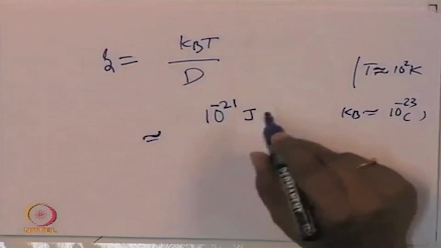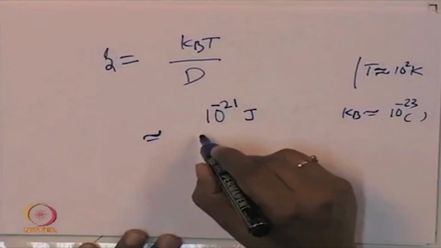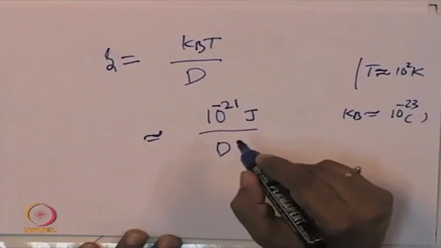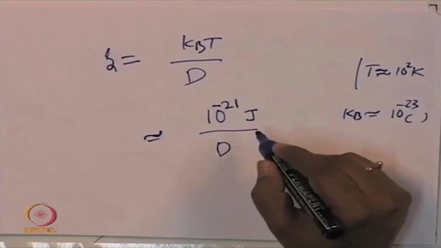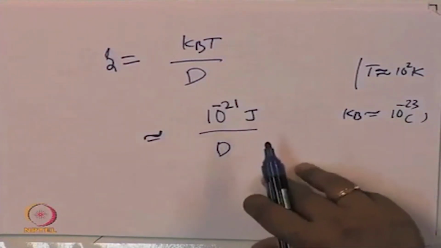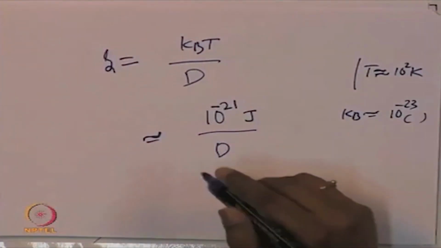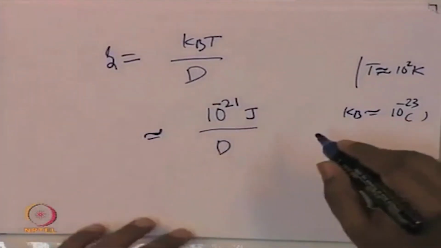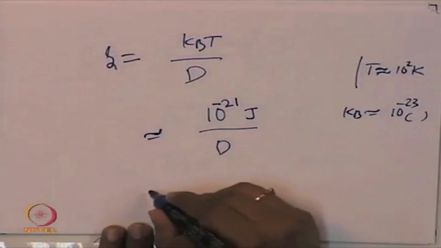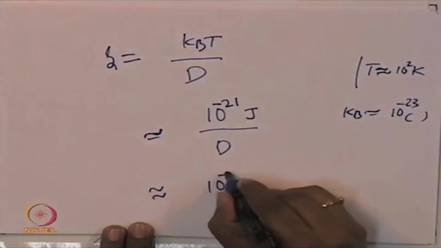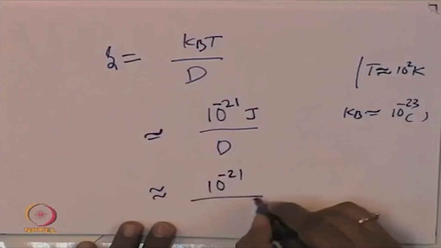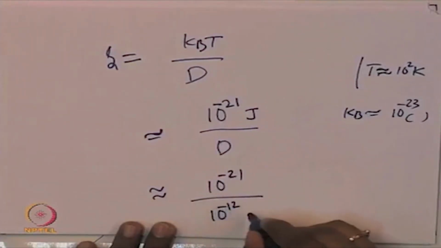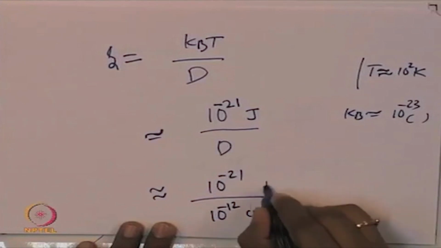So, this is 10^-21 joule divided by D, and D we said is basically in units of centimeter square per second. We can write it in terms of even base pair square second. So, this is approximately 10^-21 into 10^-12 centimeter square per second into joule.